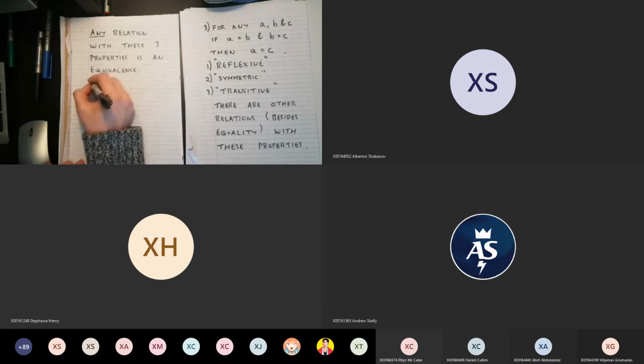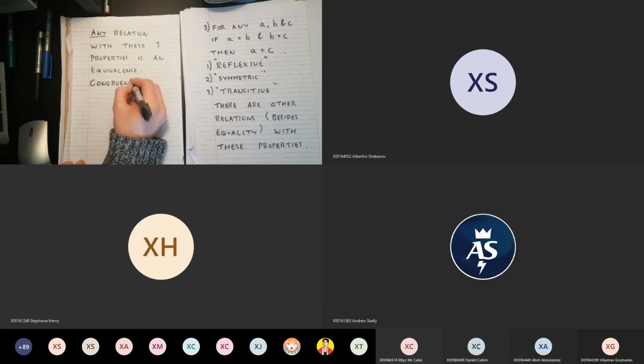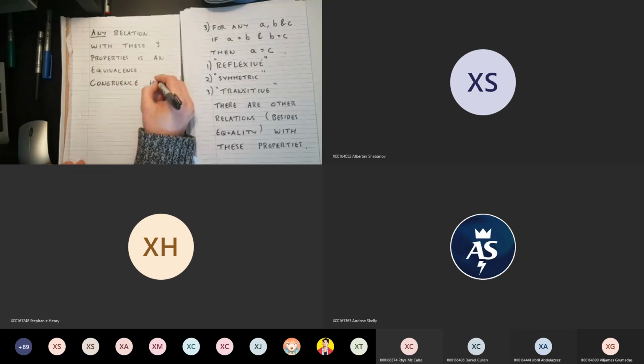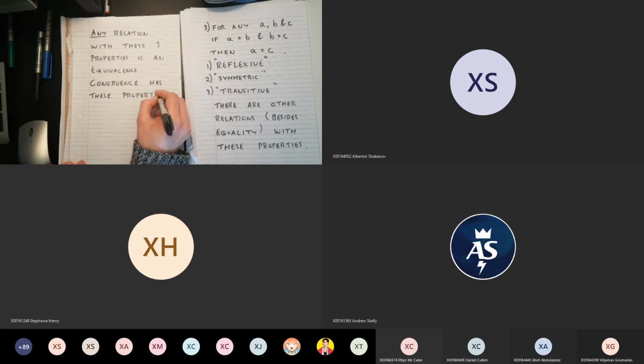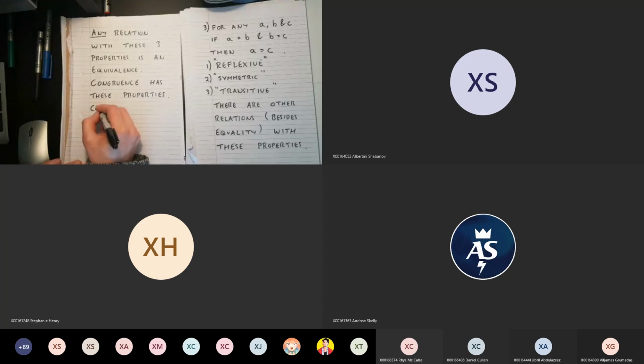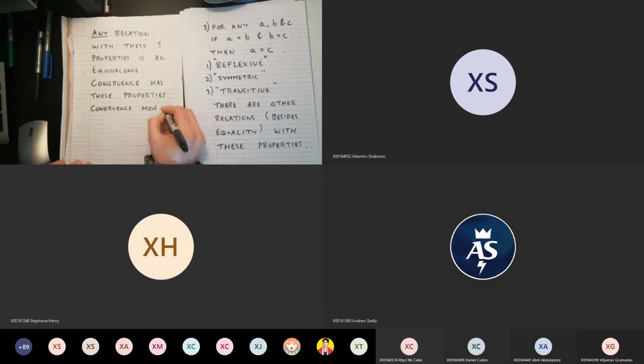Here's the important thing: congruence has these properties. Okay, congruence has those properties. That means congruence is an example of an equivalence. Mod n is an example of an equivalence.